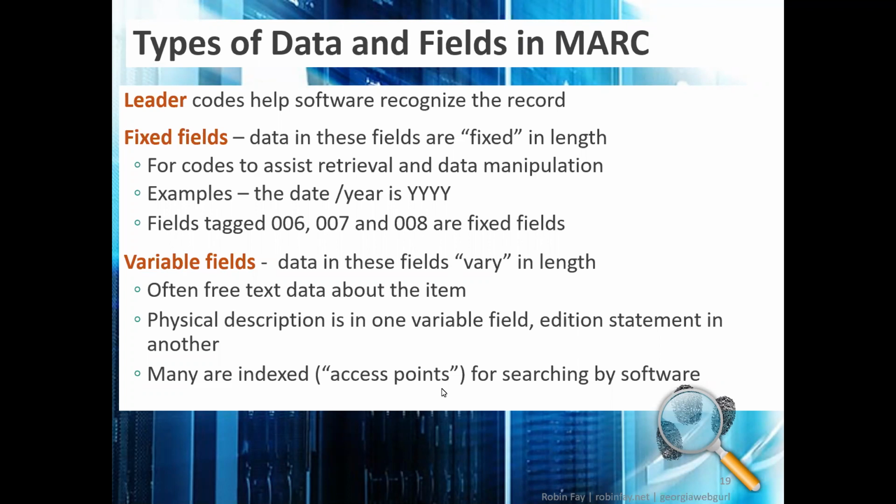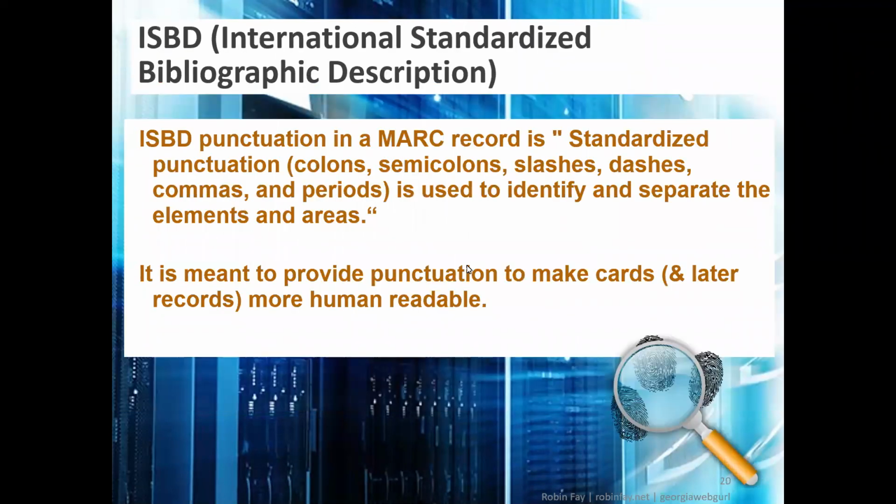But when you get down to the variable field, when you're recording the information about dates or publisher or something like that, you may have additional information that makes that field a little bit longer. Physical description is an example of a variable field, and we'll look more at that. Many of these are indexed as access points.